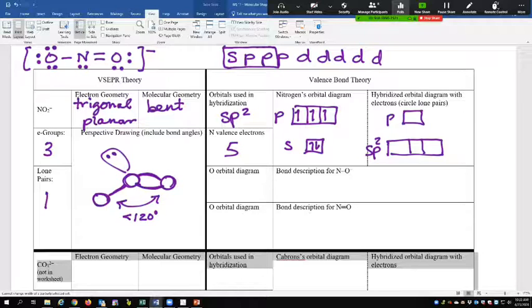We have to put 5 electrons in there. 1, 2, 3, 4, 5. And then it says, circle the lone pairs. There's my lone pair. This matches up with the 1 lone pair that I see.